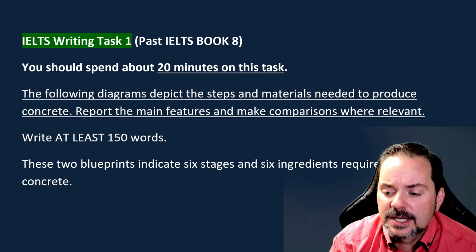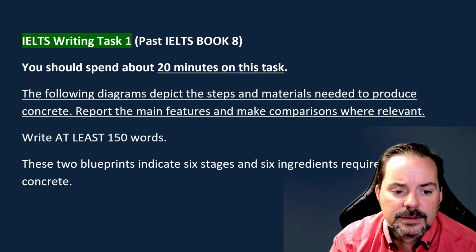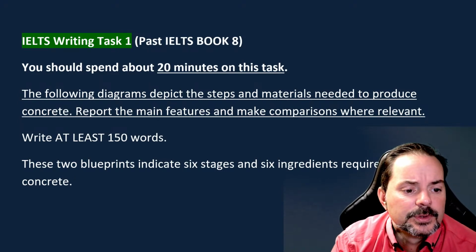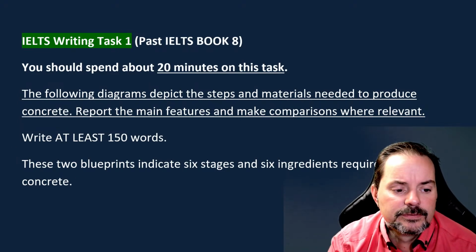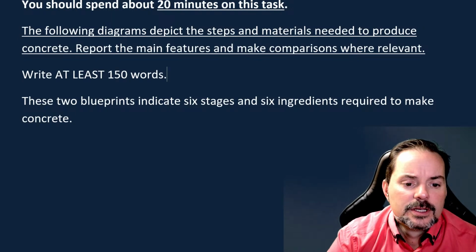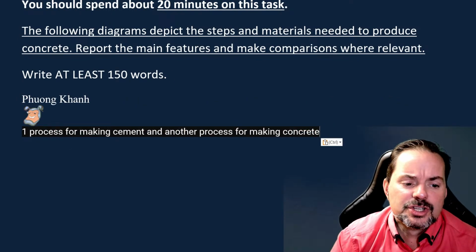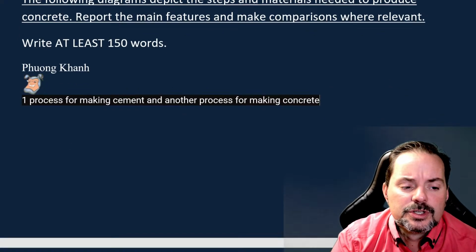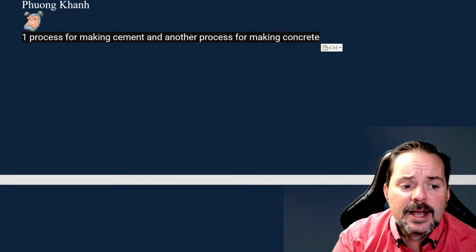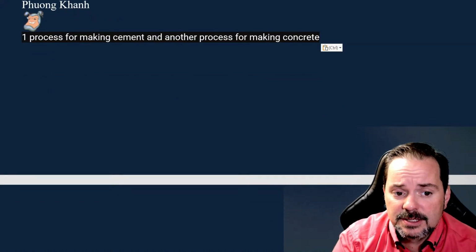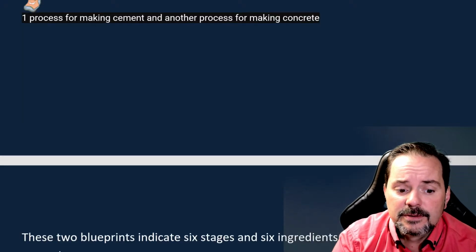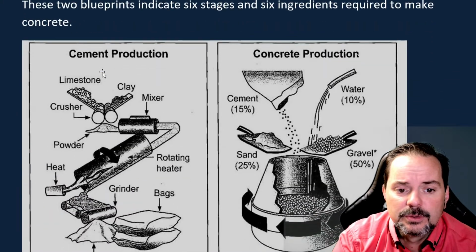Why is one process for making cement? Fuang, can you answer that? Others can answer it too, of course. Okay, so Fuang says, well, maybe we should mention, even though it's fairly obvious, that one diagram shows the process for making cement and the other is for making concrete, right? So we can see that here.